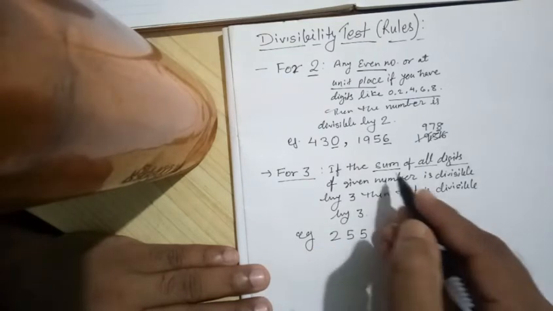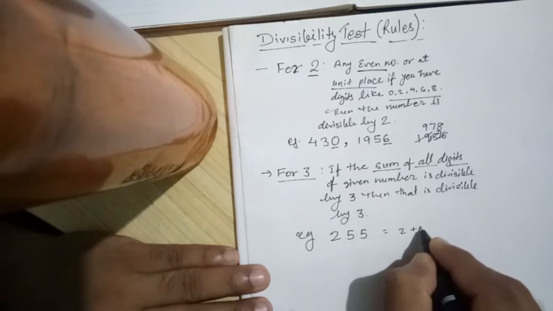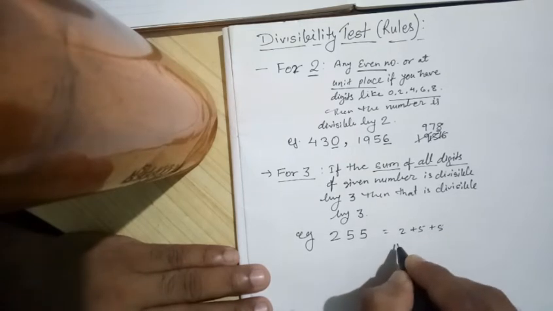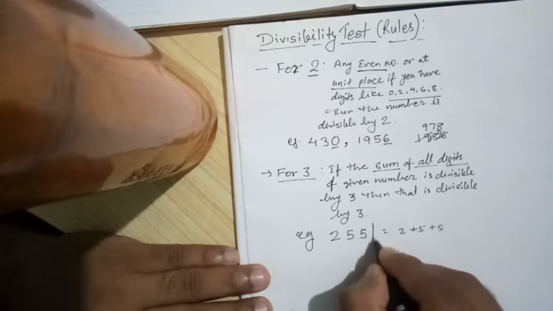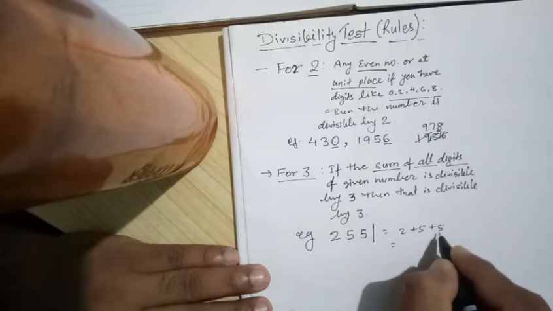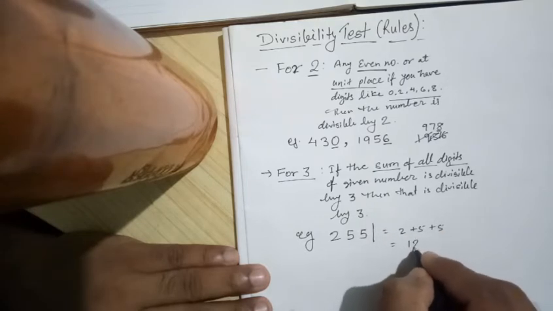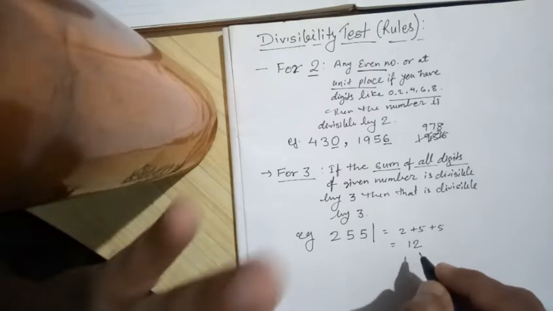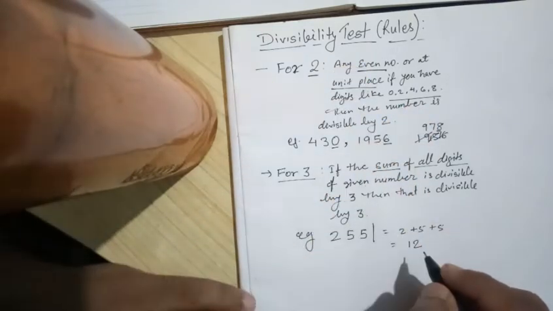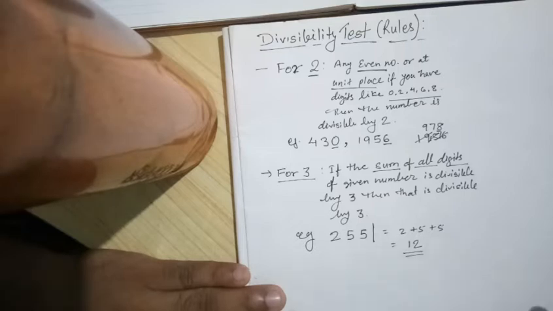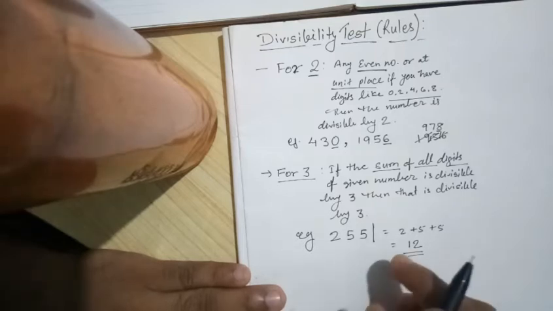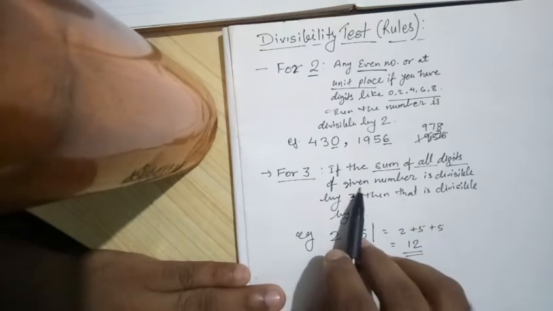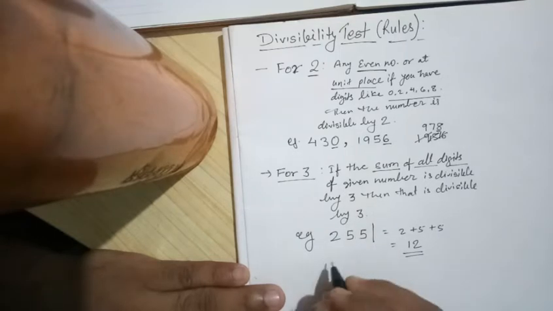Checking the sum of all digits, I have to add 2 plus 5 plus 5, and the answer is coming 12. And you know that 12 is divisible by 3. Yes or no? 3 4s are 12. Absolutely right. So if the sum of the digits is divisible by 3, then the given number is also divisible by 3. If you want to check this out, you can do the divisibility test or cancellation method.